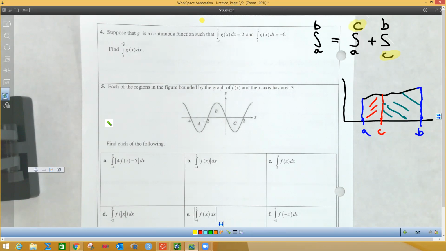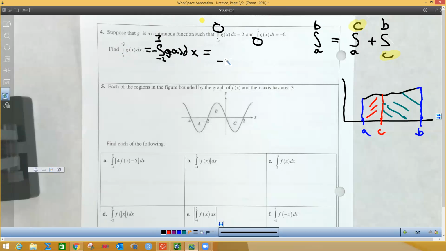One way is I could say that this is equal to the negative integral from -2 to 3 of g(x) dx. To save time, I'm not going to write the g(x) dx down all the time. So over here, if you look at this one and this one, they're the same, right?